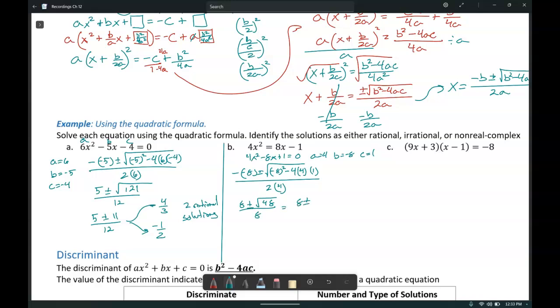The square root of 48 reduces to 4 square root of 3. And then we can simplify the fraction, dividing all three of these by 4: 2 plus or minus root 3 over 2, which is two irrational solutions.